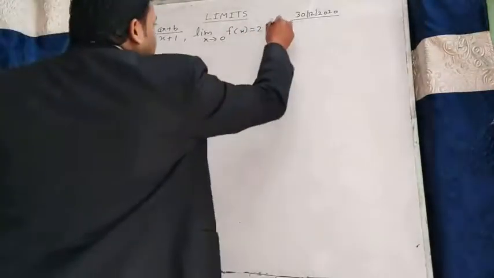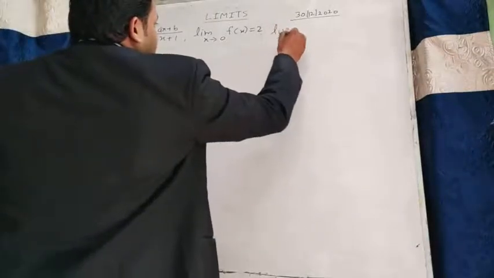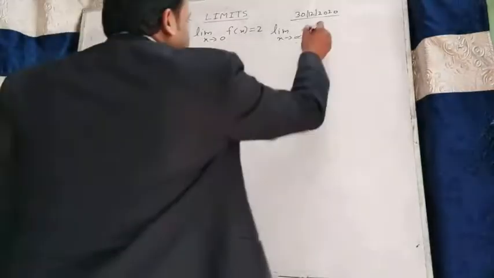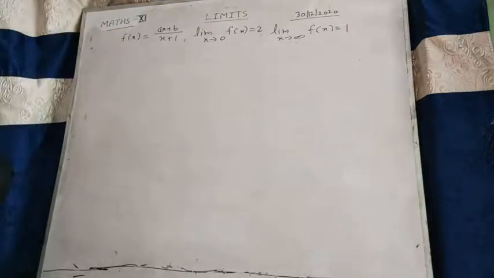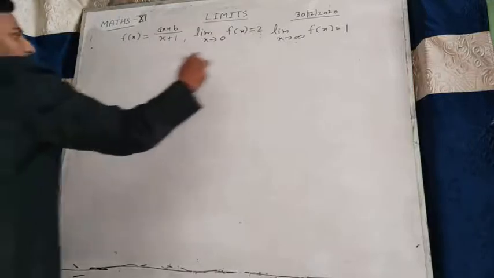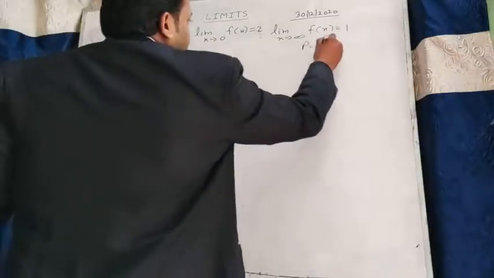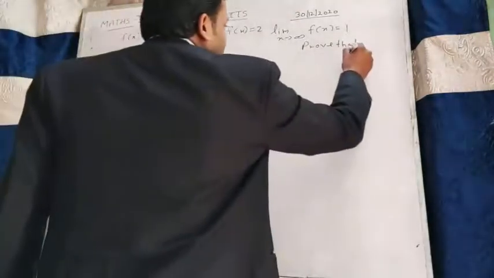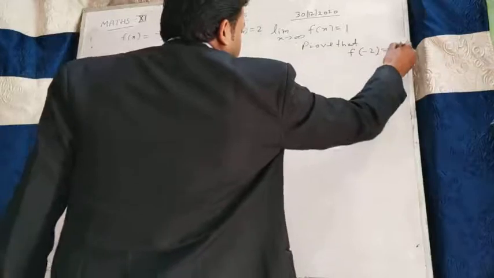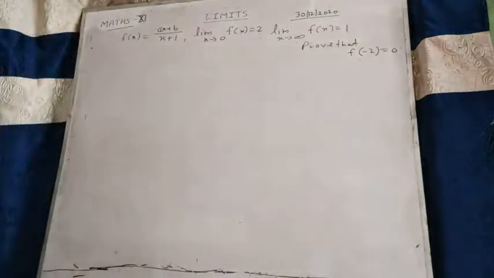limit x tends to infinity, f(x) is equal to 1, then prove that f(-2) is equal to 0.